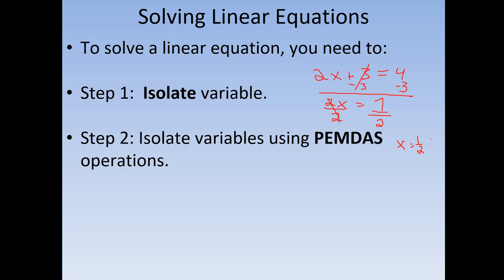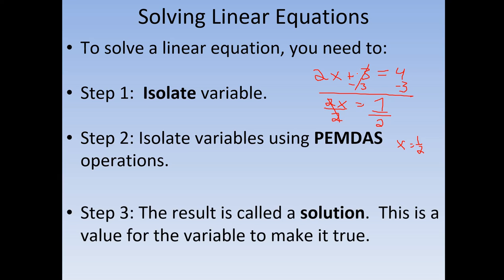So remember, the whole idea with an equation is whatever you do to one side, you have to do to the other. And if you have something like this where 2x is being added to 3, then to bring it over, you have to do the opposite of addition, which is subtraction. And then whatever we get as an answer, that's going to end up being our solution.